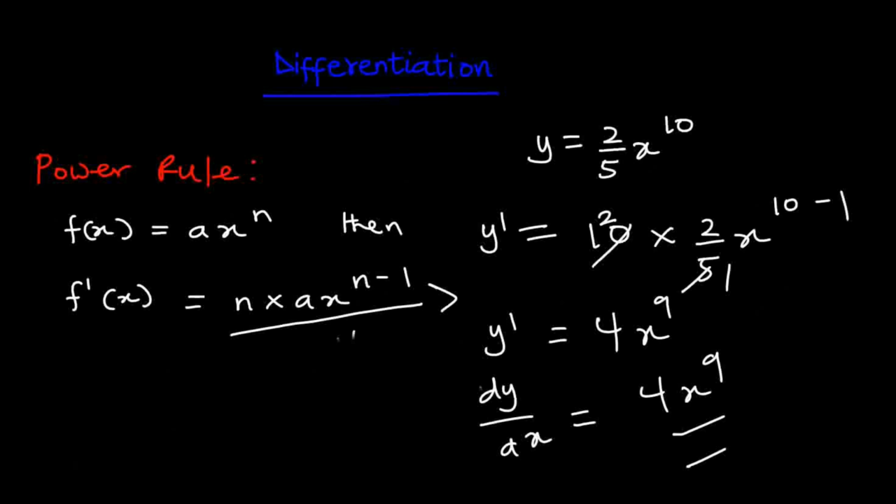Now you see that for all the questions that we solved, all the powers were positive integers. So now let's look at how the derivative will be when the function has a negative power. Let's look at that also.